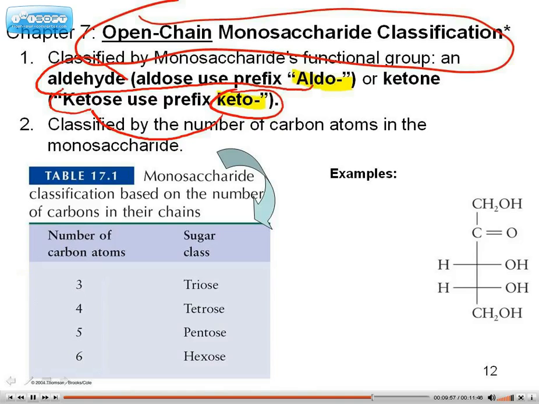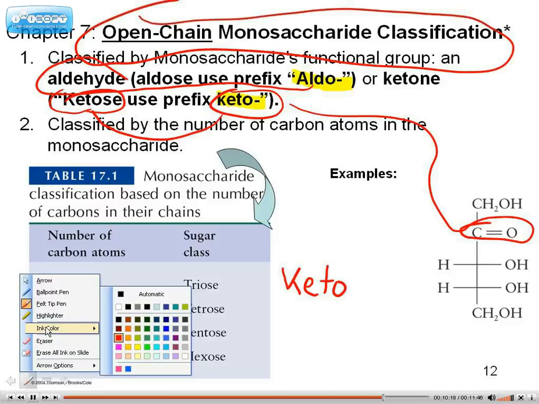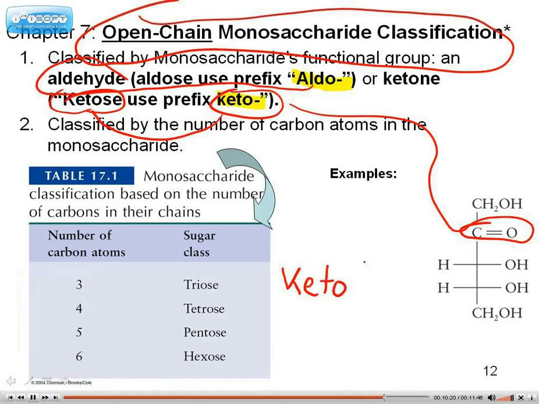So, also known as ketosis in biochemistry. So going to this example right here, this carbonyl group would be a ketone in organic chemistry, so we refer to this as a keto. The second part of the name refers to how many carbons are present, as circled with my blue pen.